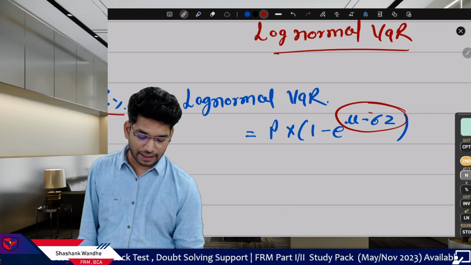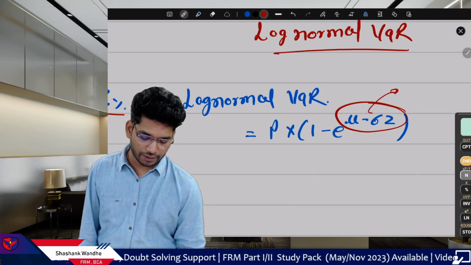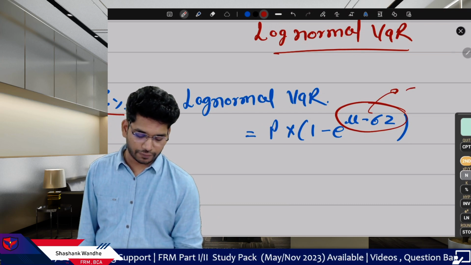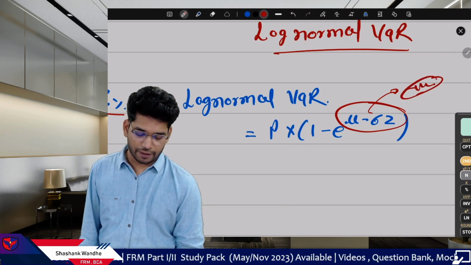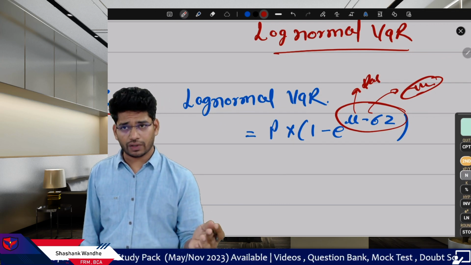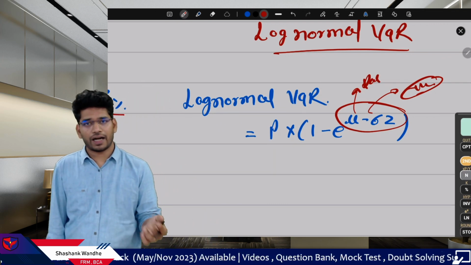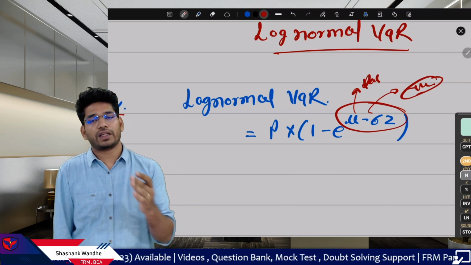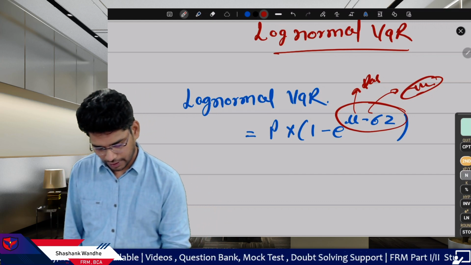So the net result of the power part will be negative. If you are calculating daily VAR, then the return part is approximately 0, so we don't consider it and directly go with minus sigma into z, very simple.